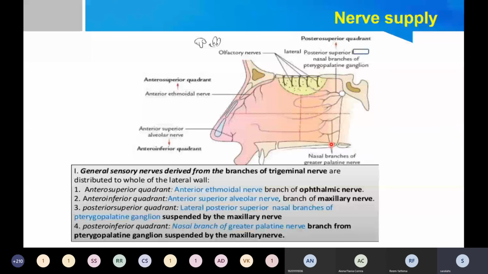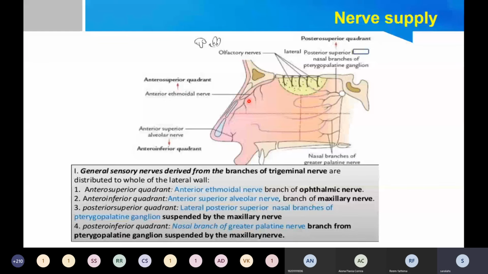That is the same branches almost. Then antero-superior is from anterior ethmoidal. Then antero-inferior quadrant is from the anterior superior alveolar nerve. Please remember these two. If you can tell four branches, one for each quadrant, that would be more than sufficient. Remember, posterior branches are from pterygopalatine ganglion.